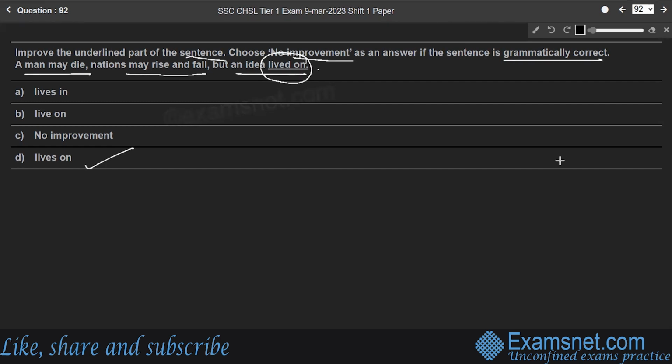However, the sentence also requires a preposition to show how the idea continues to exist. The correct preposition is "on", which means to continue to exist or be active. Therefore, an idea lives on. Option D is the correct answer.